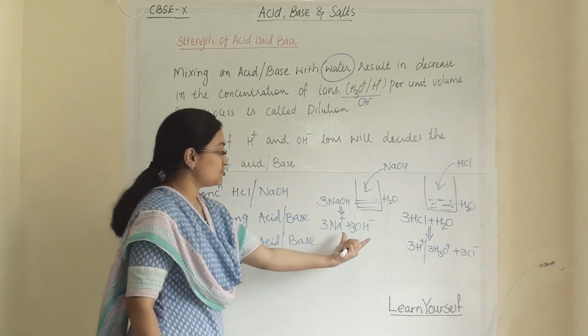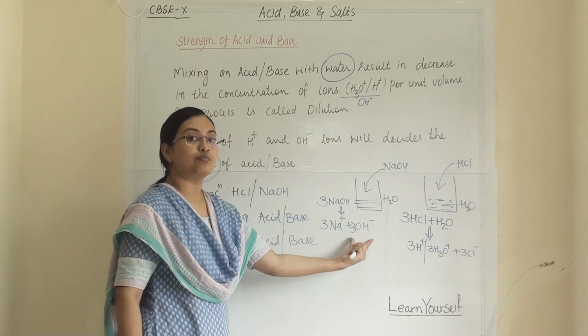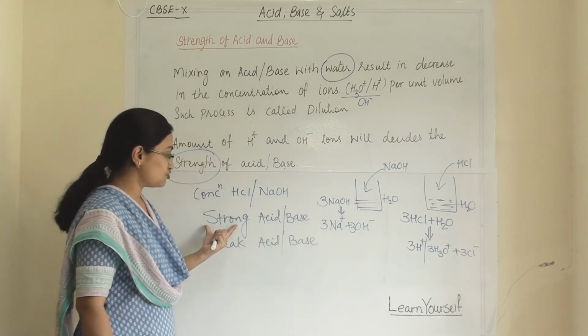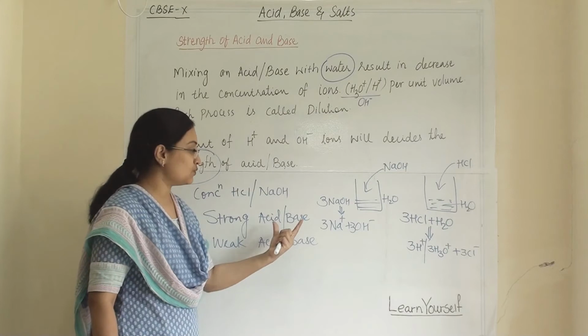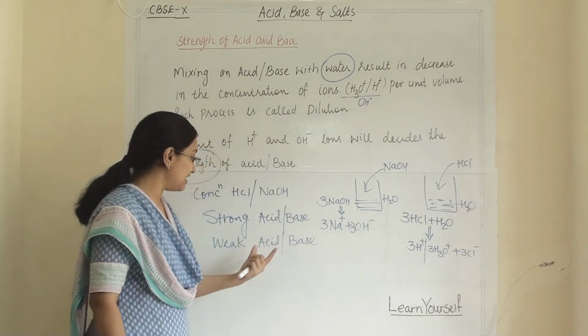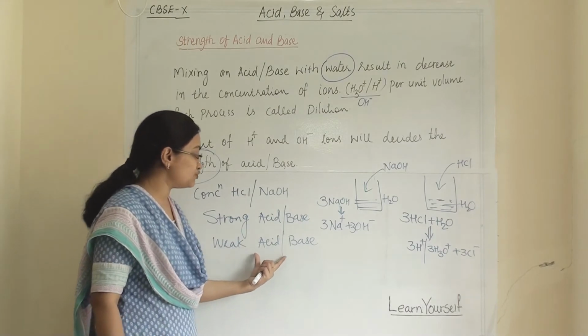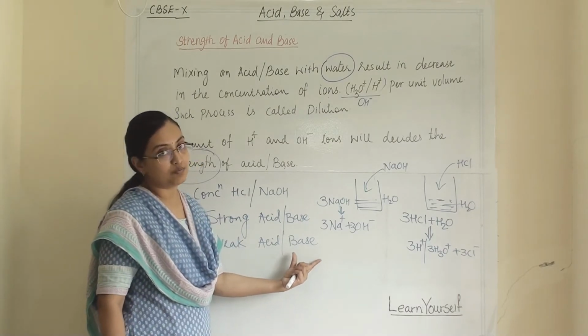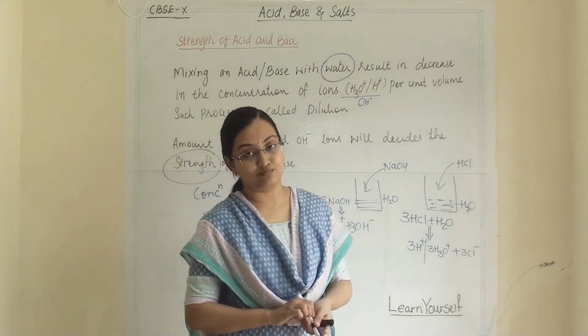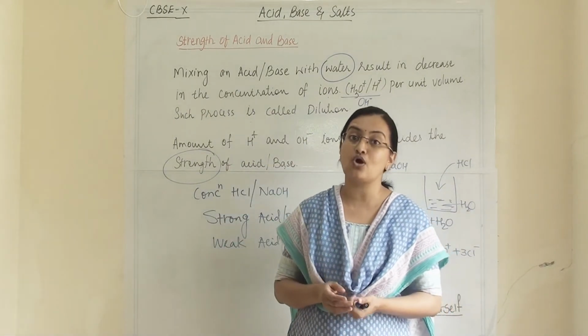When the concentration of ions in the medium is more, then it is a strong acid or strong base. When the concentration of ions in the medium is less, then it is termed a weak acid and weak base. So how do we decide the strength of acid and base, whether this acid is strong or weak?